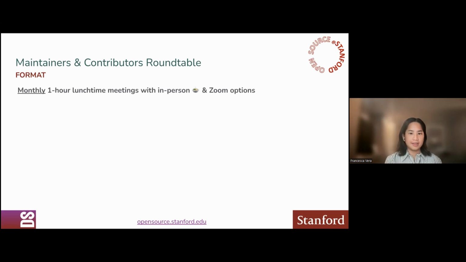We also provide Zoom options. The room that we have this in has some Zoom capabilities, and that has allowed people to be flexible and means that in any given month, someone has the option to join from wherever they are or with whatever schedule they have. The monthly cadence is also important because we acknowledge that these are very busy people.